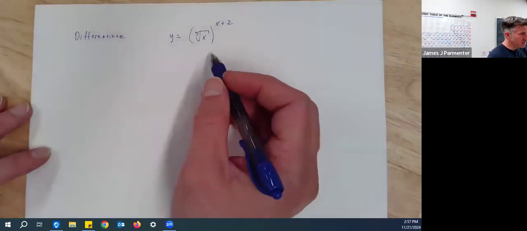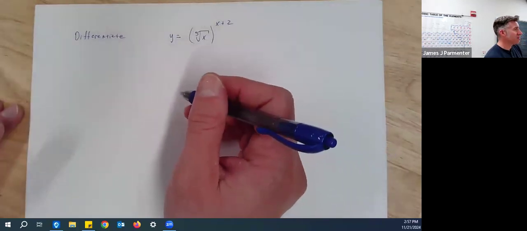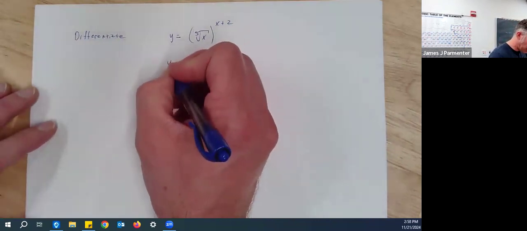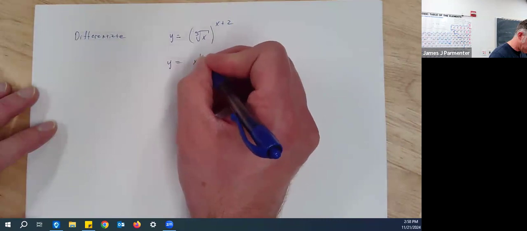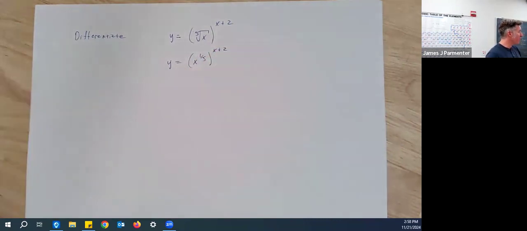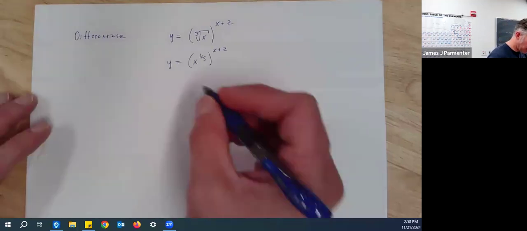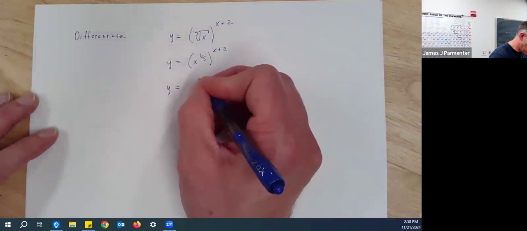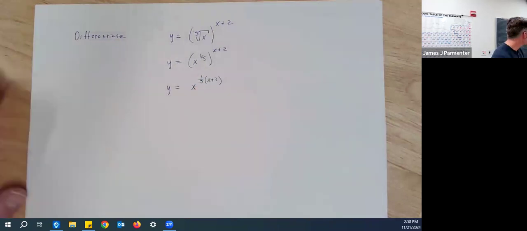So if it were me, I would probably start by actually simplifying this first. Here's what I mean. You can rewrite this as y equal to x to the 1/5 to the power of x plus 2. But then when you have a power to a power, you can multiply the powers. So we can really rewrite this as y equal to x to the power of 1/5 times x plus 2.